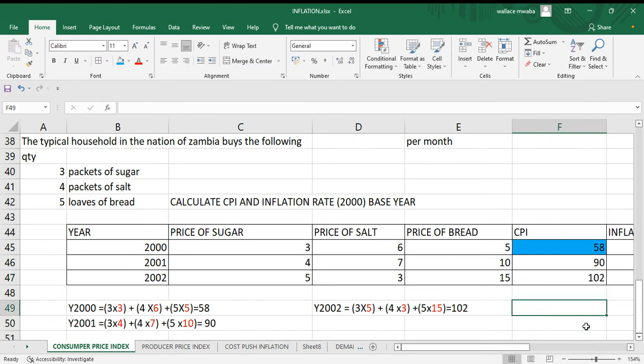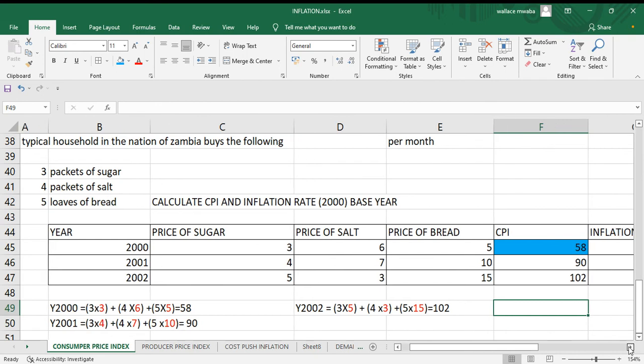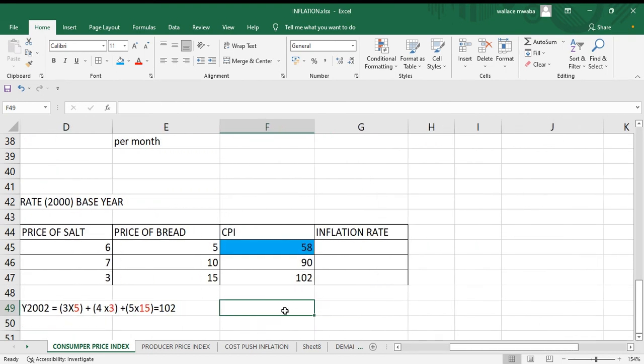So we remember the formula for CPI: it's the current price of the market basket divided by the price of the base year. For the year 2000, the current price is 58, divided by the base year 58, times 100.